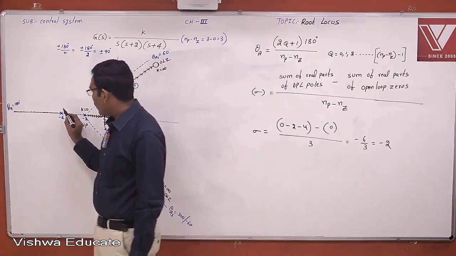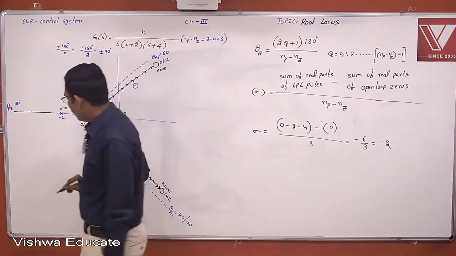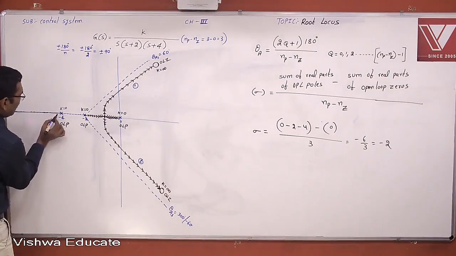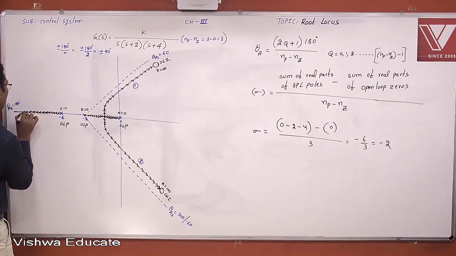Now the root locus diagram starts with k equal to 0. The root locus diagram starts with an open loop pole. As k is changing, the closed loop pole is moving.